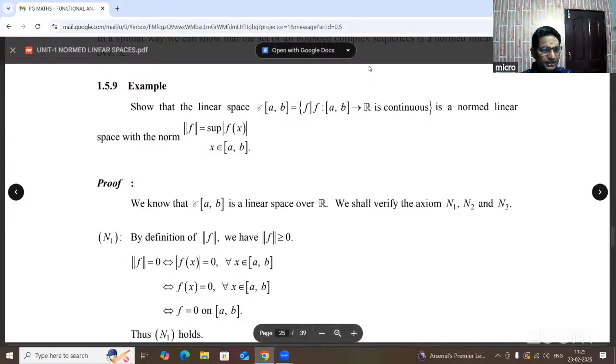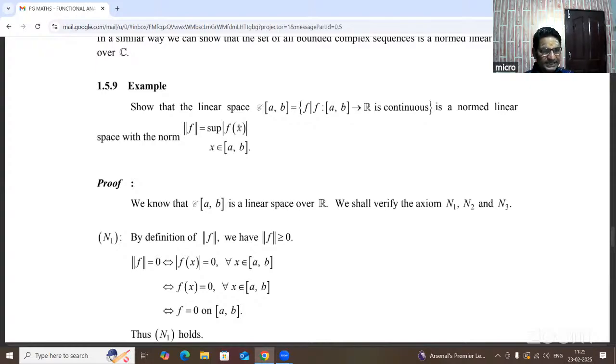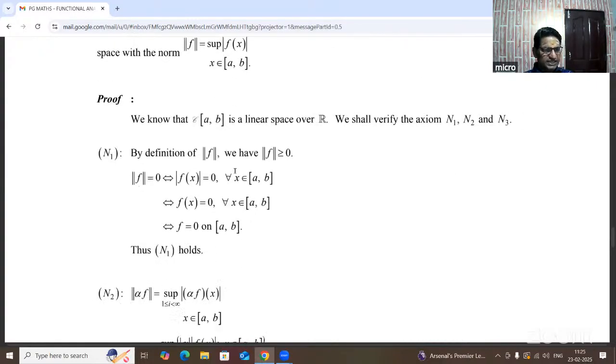Now, here the norm of f equals the supremum of mod f(x), where x belongs to the interval [a,b]. So just see and refer to this proof.